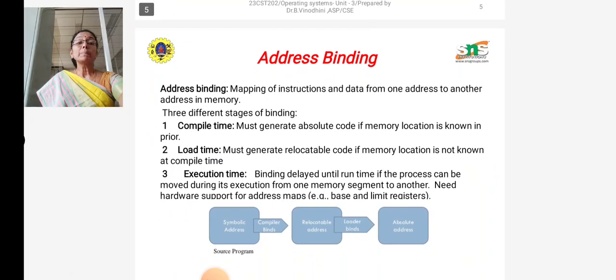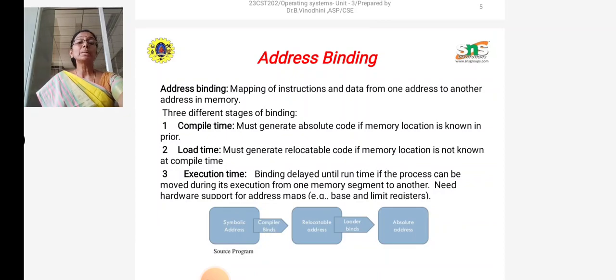In the memory mapping system, we have three types of address binding. In memory management, we map our logical address to the physical address. For that mapping, three types of addresses are generated: compile time address, load time address, and execution time address.